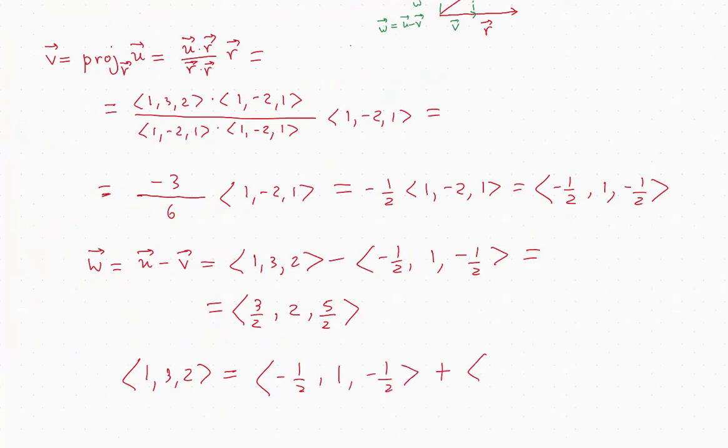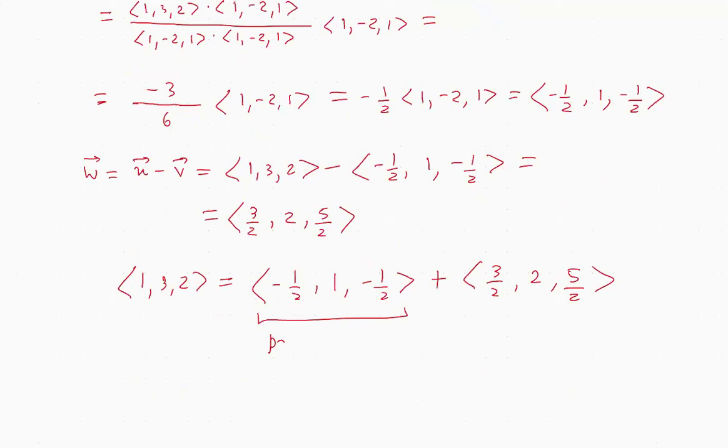And this vector is parallel to 1, negative 2, 1, and this vector is orthogonal to 1, negative 2, 1.